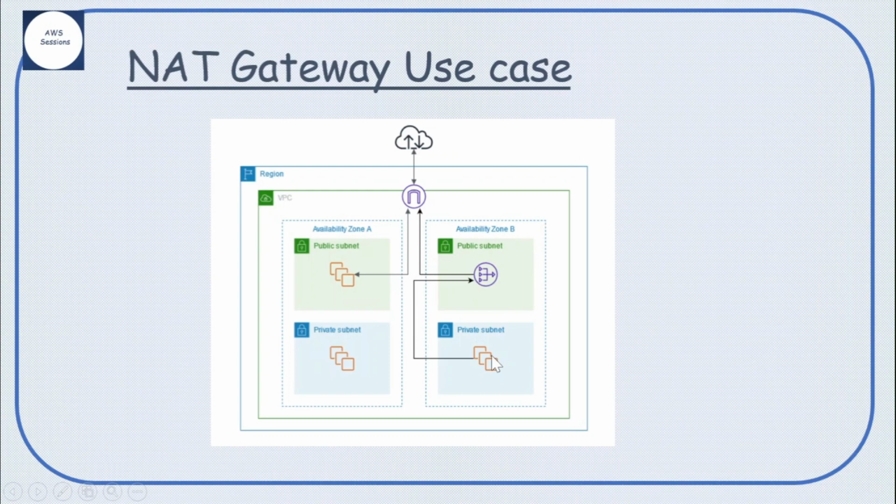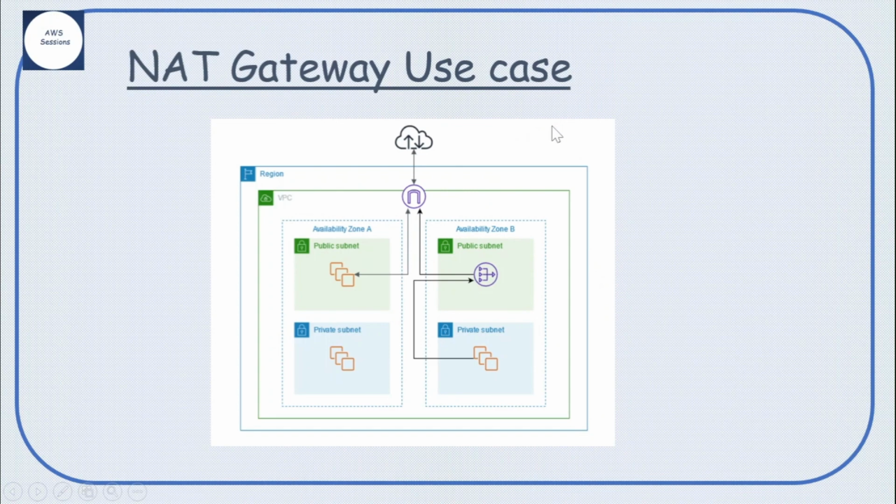The traffic flow will be like this: private instances will talk to the NAT gateway, the NAT gateway will talk to the internet gateway, and the internet gateway connects to the outside world. Again, I'd like to reiterate that the traffic flow will be from the instances, but if somebody from outside wants to connect to your instances, they will not be able to do so.